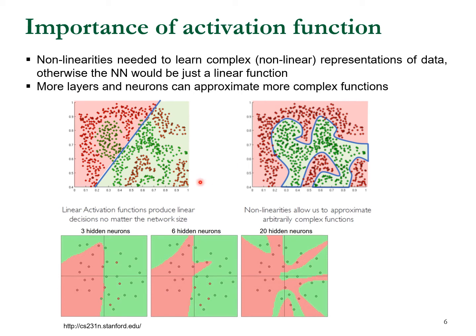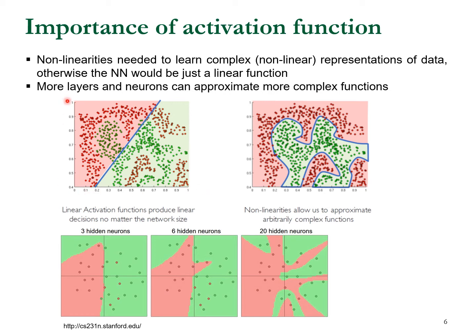But if you use a linear activation function for your multi-layer network, then it makes the entire network a linear classifier. A linear classifier means the shape of your classifier is a straight line. So this is an example of a linear classifier.